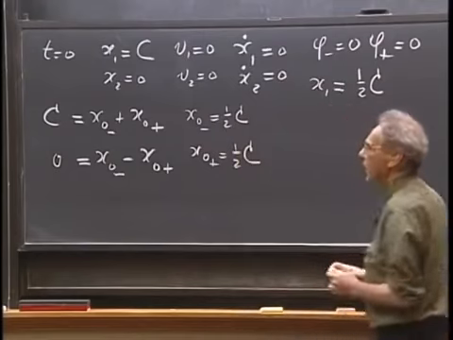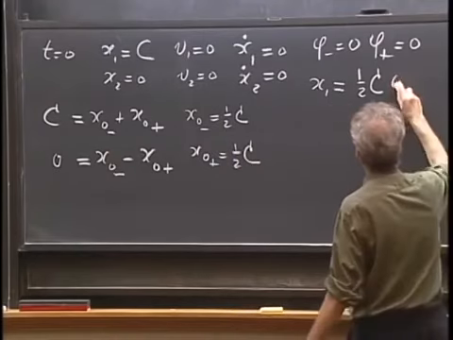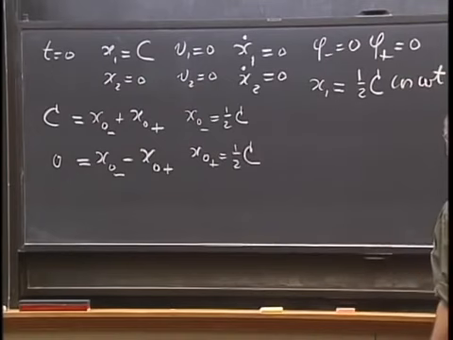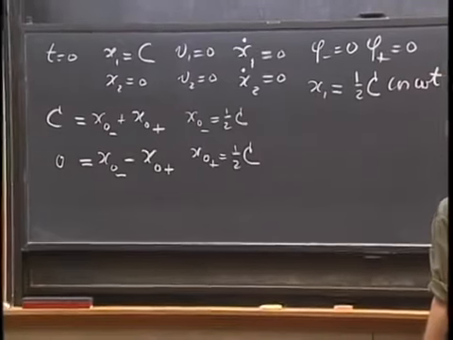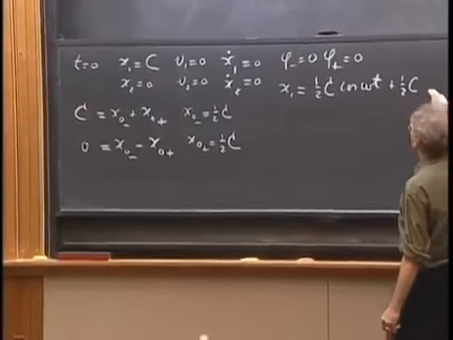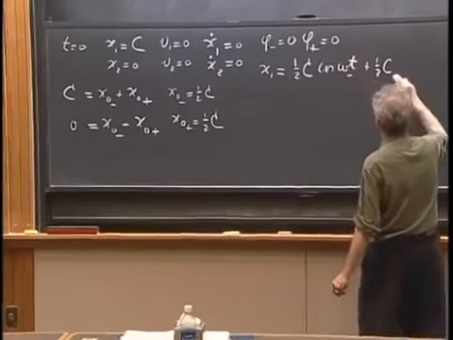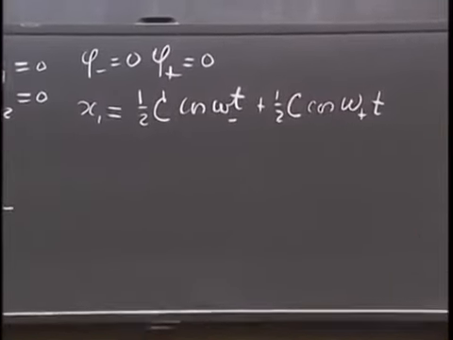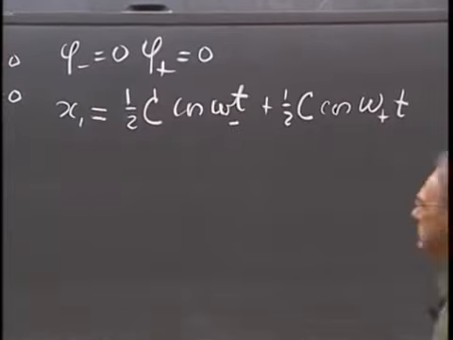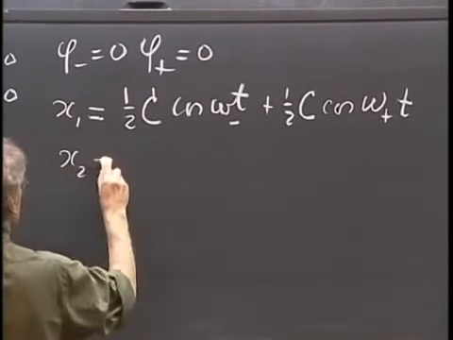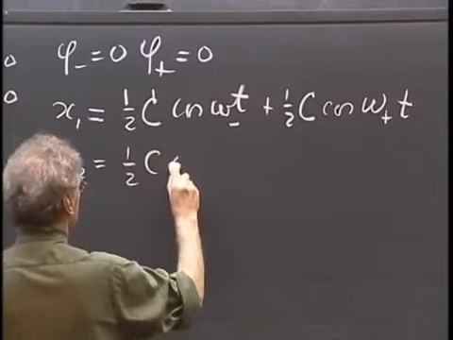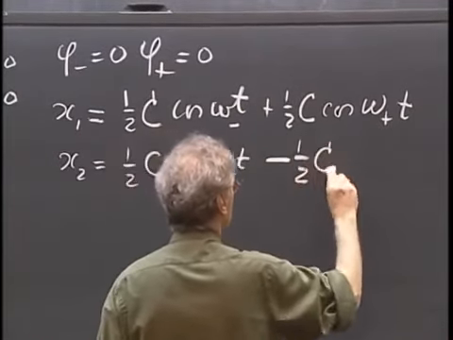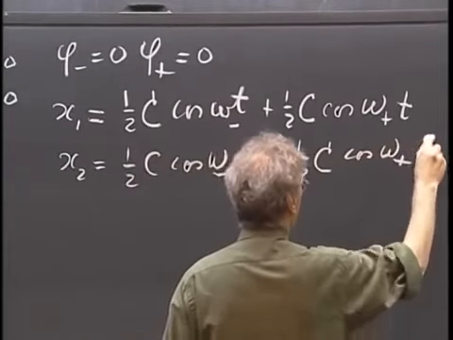Remember, we found that it's 1/2 c times the cosine of omega minus t, because phi is 0, plus 1/2 c times, this is a minus, by the way, cosine omega plus t. That is x1. And x2 is 1/2 c times the cosine omega minus t minus 1/2 c times the cosine omega plus t.